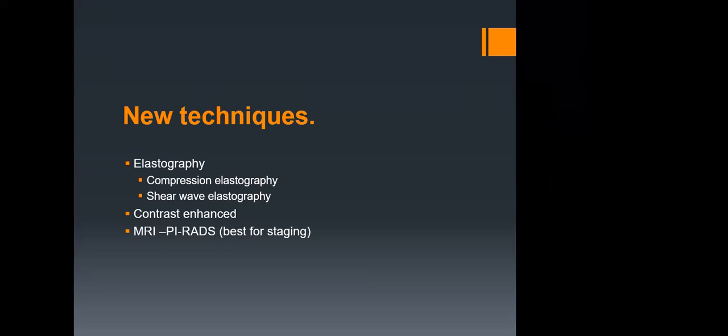But we have some other ways we can detect some of these cancers. Elastography is one of them. And elastography has two ways. There's compression elastography. Basically, it's about compressing tissue and detecting its elasticity. How compressible is this tissue?